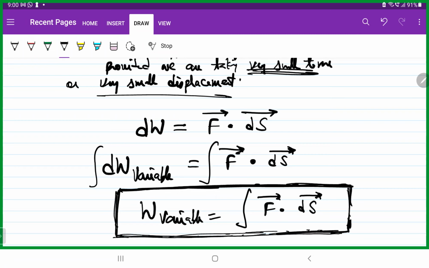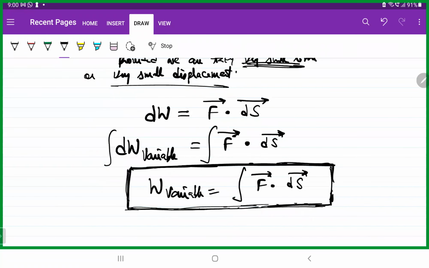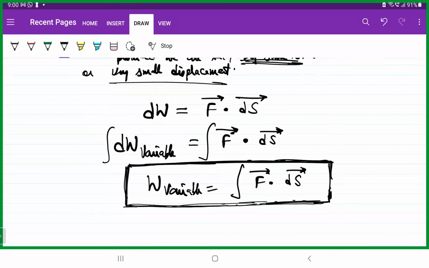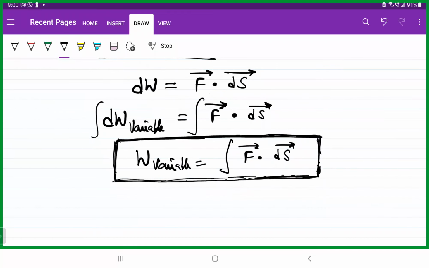But remember one thing, whenever force magnitude and direction is variable, then we have to apply this formula.